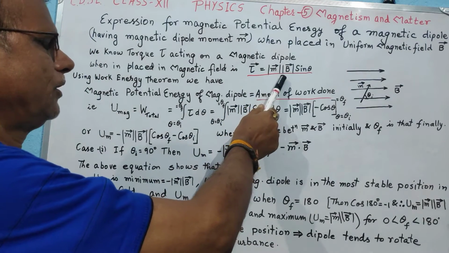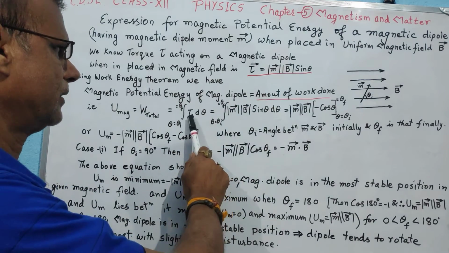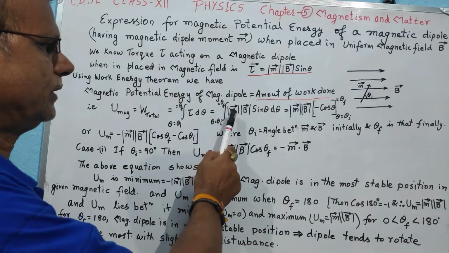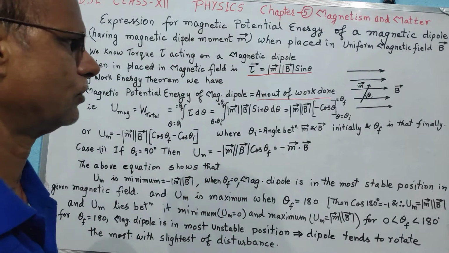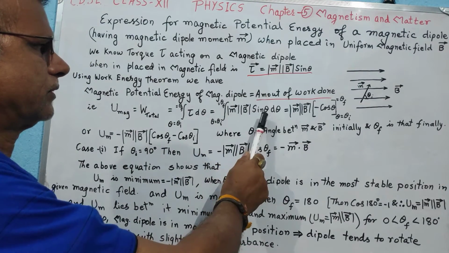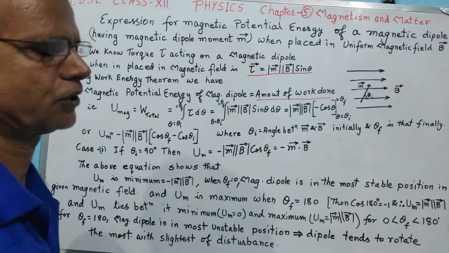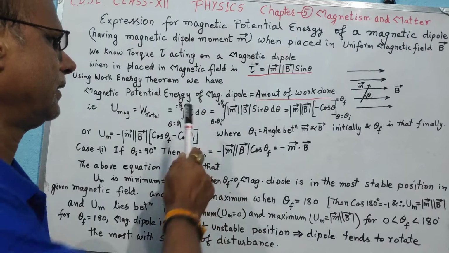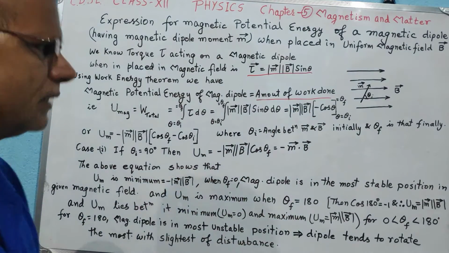Now we substitute the value of tau, mB sin theta, and integrate. You see m and B are constant, so we take them outside the integral. Sin theta d theta becomes minus cos theta on integration, with limits theta equal to theta I to theta F.